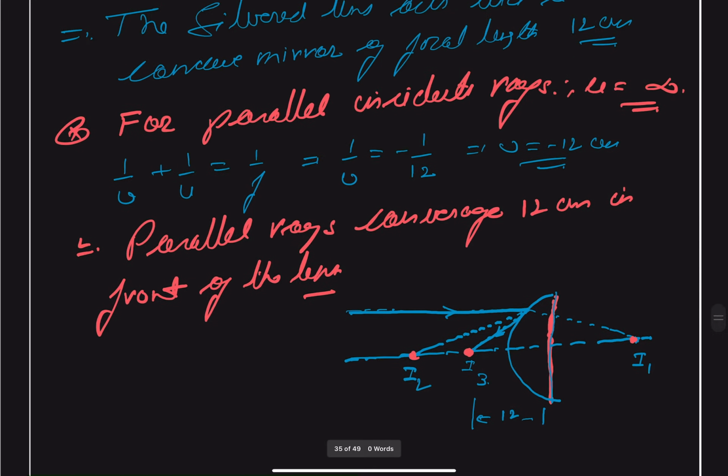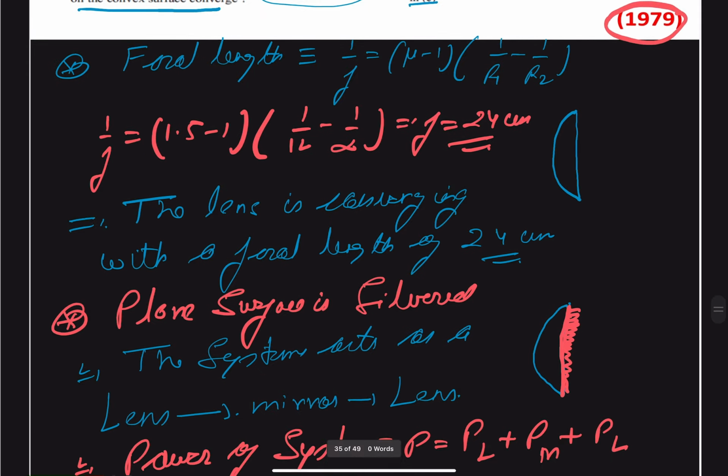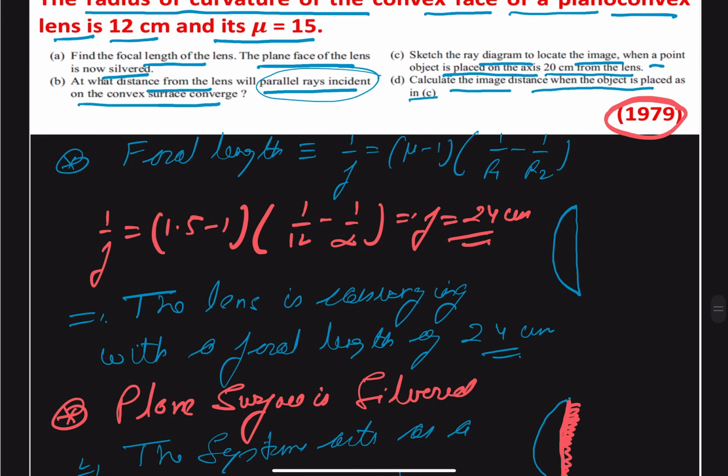And in the next part, we are supposed to find out the ray diagram, locate the image when the point object is placed on the axis 20 centimeter from the lens. Okay.